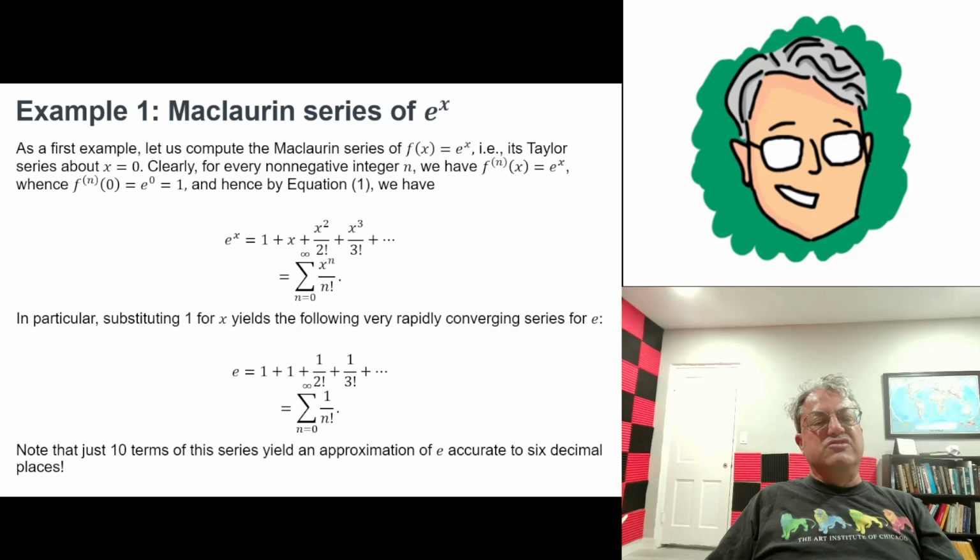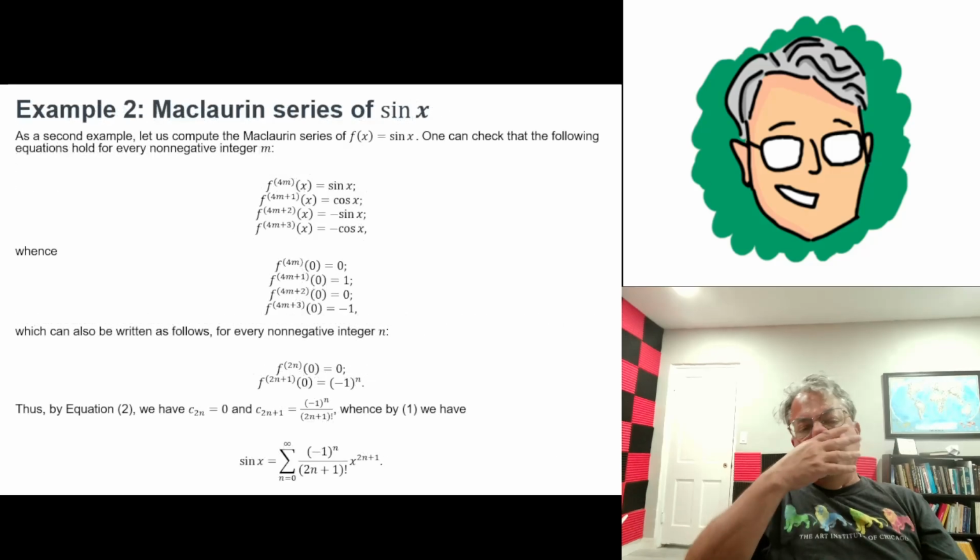Like I said, factorials grow very fast. That's why you don't need very many terms in this series to get a good approximation of e. As a matter of fact, if you just took the first 10 terms, you would get an approximation of e that's accurate to 6 decimal places. Pretty amazing. And that's probably the easiest example I can think of.